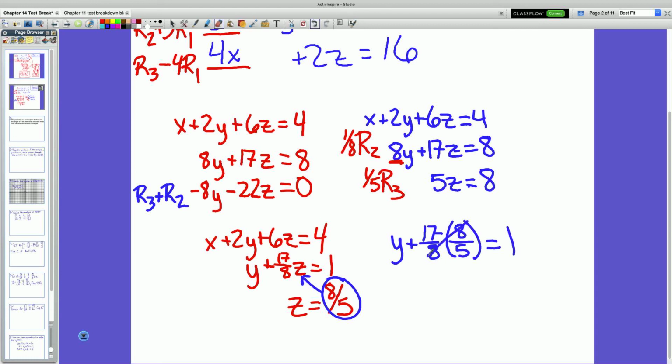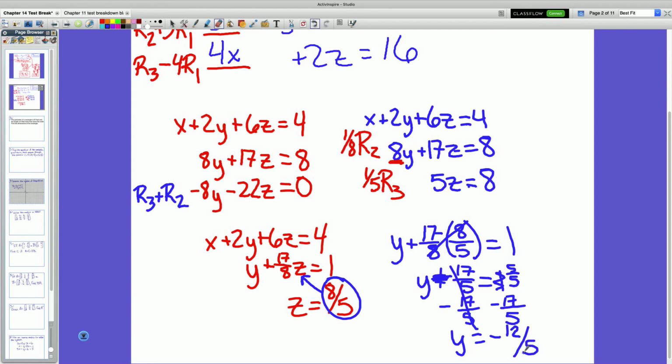Well, here those 8's cancel. So I'd have y plus 17/5 equals 1. Then I subtract 17/5, which this is really 5/5. So I'd have y equal to -12/5.